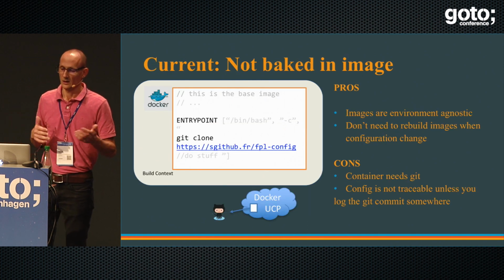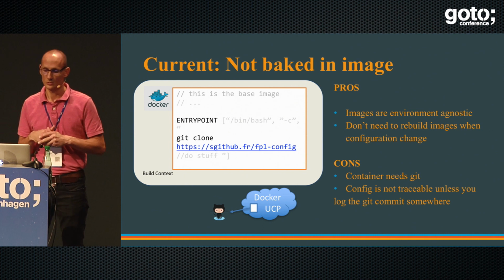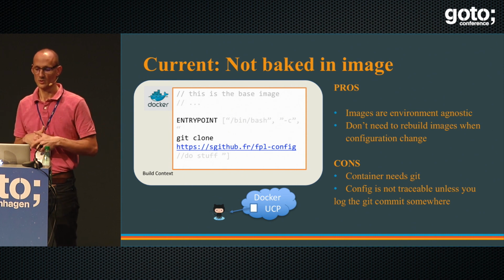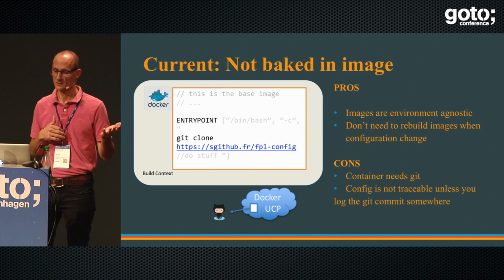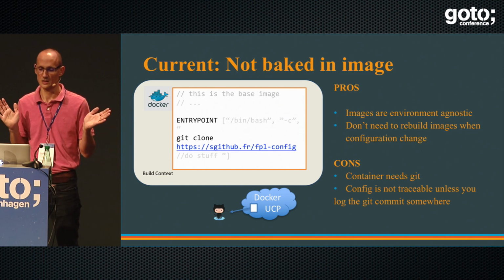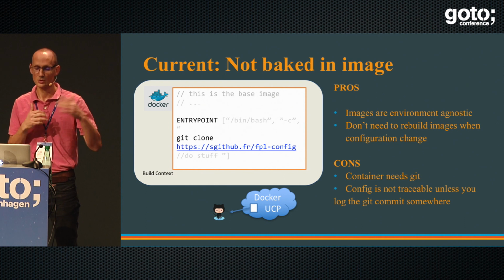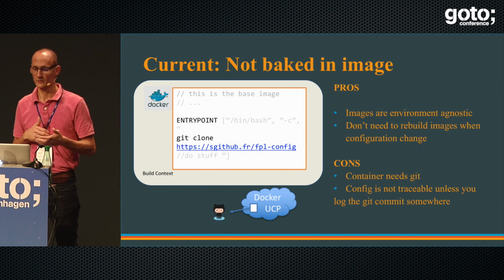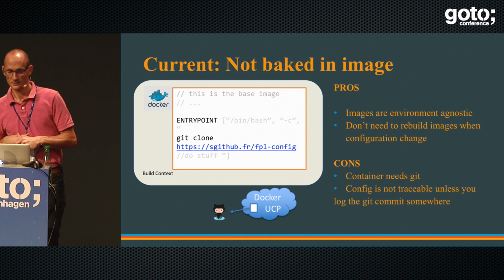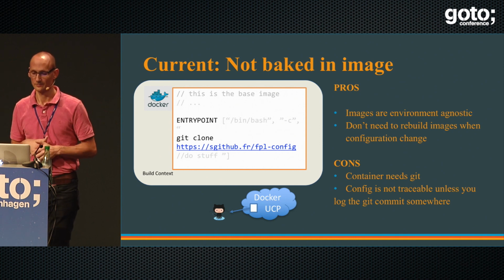So, in my opinion, the best way to cope with environment configuration is via the entry point, and using this technique, the images are environment agnostic. So you don't need to rebuild the image when the configuration changes. You just restart the container, and there you go. New configuration is here.